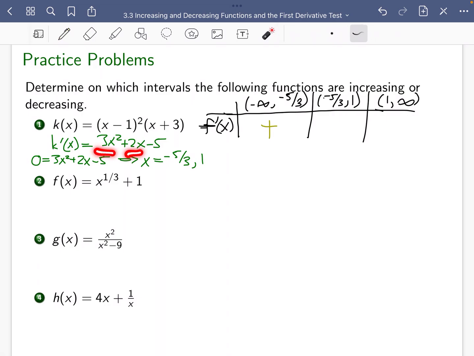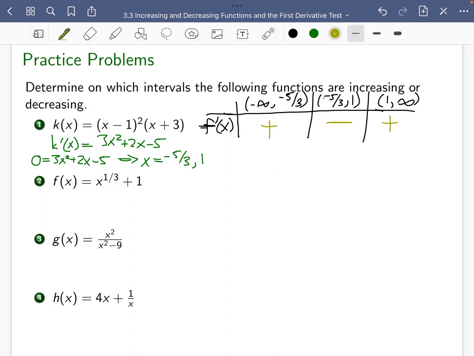If you plug in 0 for your x, you'll get negative 5, so you get a negative value. And plug in something larger than 1. Maybe I would choose 10 again. 3 times 10 squared is like 300, plus 20 minus 5. That's going to be some large positive number. All I care about is the sign, but we have a positive value.